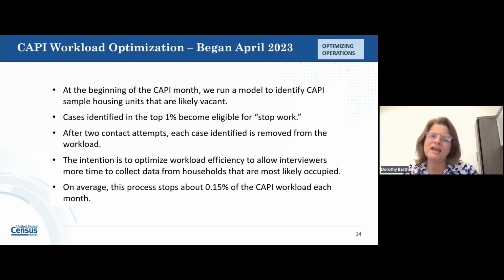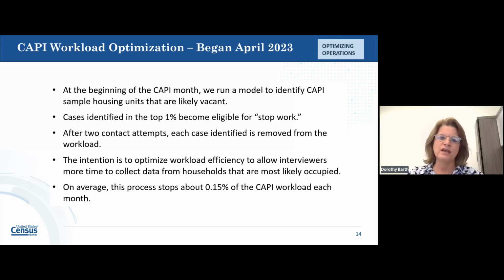So at the beginning of the CAPI month, we run a model using administrative records data and different data as inputs to identify the housing units in CAPI that are likely vacant. The top 1% of that model become eligible for stop work. After a field representative has made 2 contacts, try to get to that household, we remove it from the workload with the idea that it's most probably vacant.